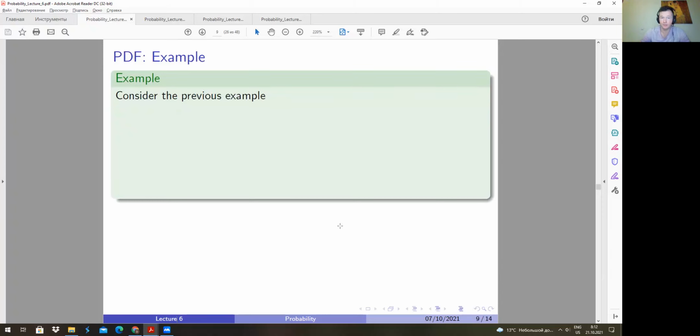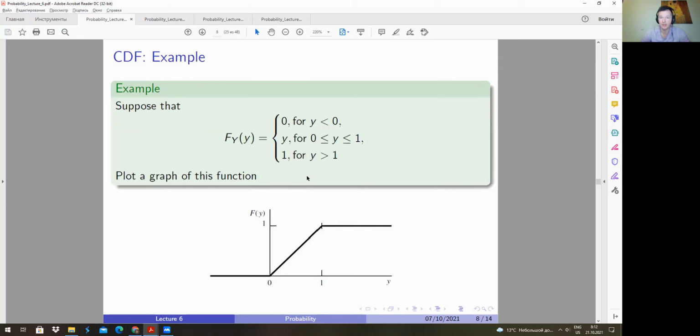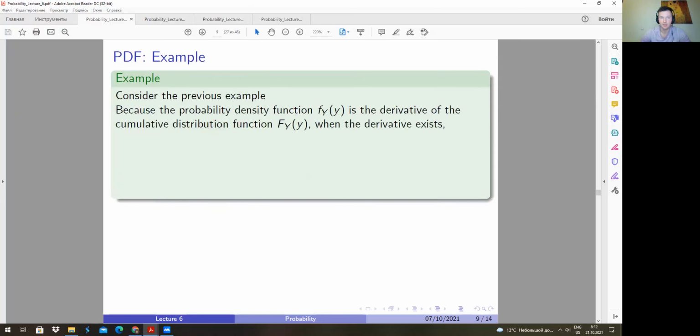If we consider the previous example, and if you want to calculate the PDF for this random variable y, because the probability density function is the derivative of the cumulative distribution function when the derivative exists, we take the derivative of this function at each interval.